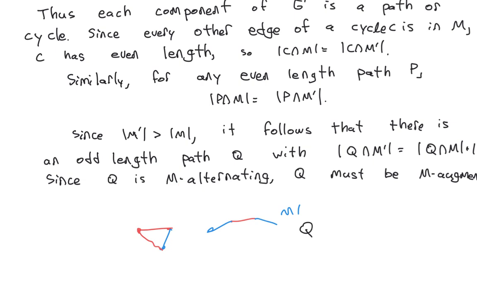And we also know that these endpoints can't be incident to red edges because this was a component in G'. And thus this path is M-augmenting. And so what we found was that if your matching is not maximum, you must be able to find an augmenting path.